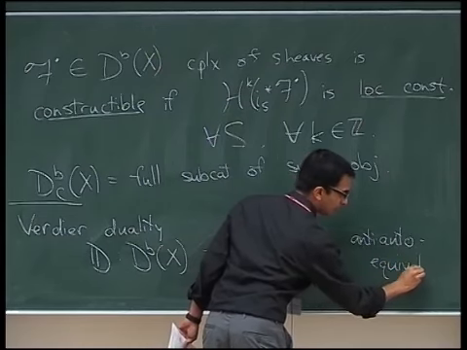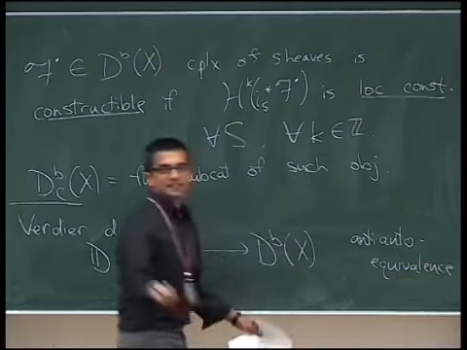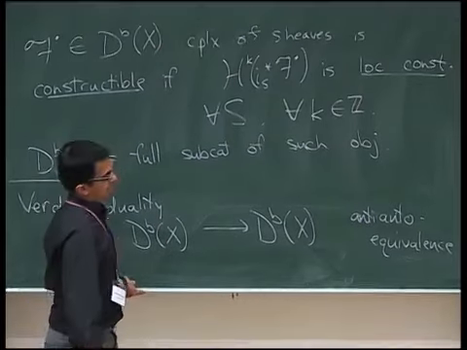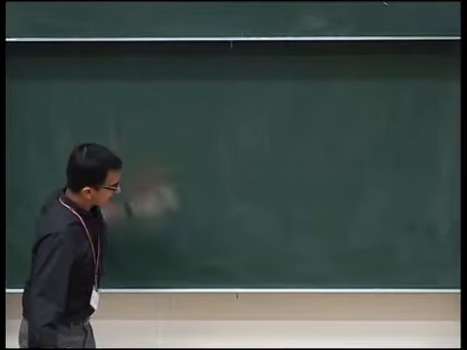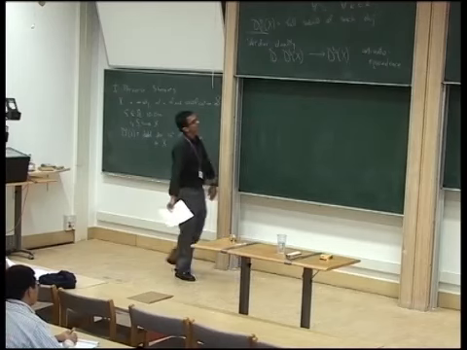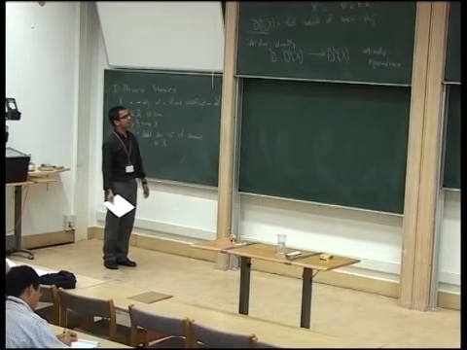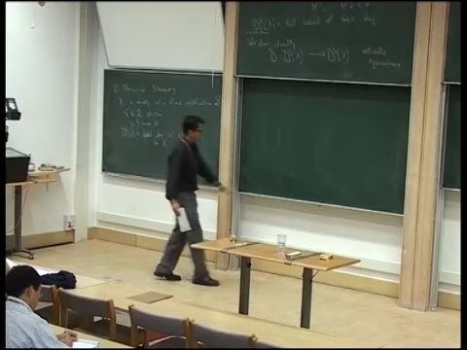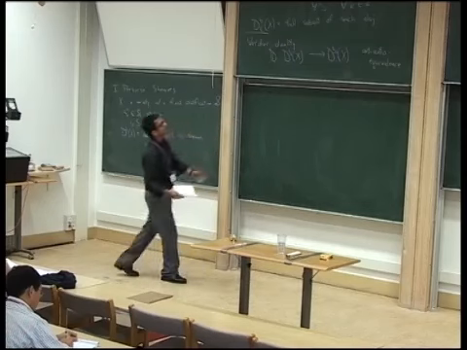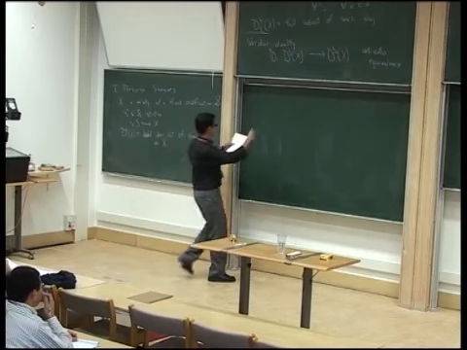It's the thing you get in the world of sheaves if you try to generalize the process of taking the dual of a vector space. And so if you do that twice to a finite dimensional vector space, of course you get the same thing back.